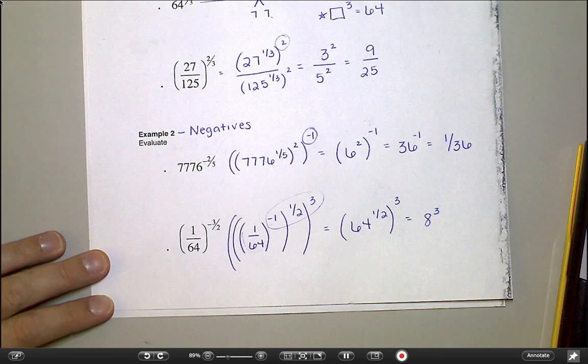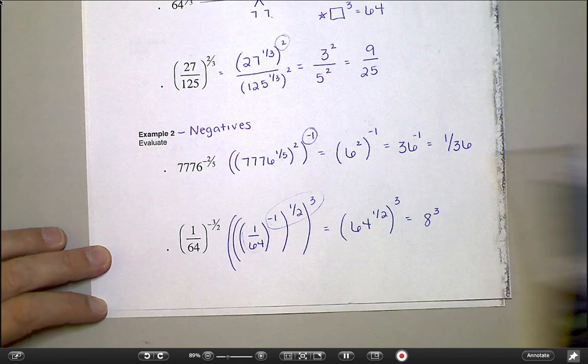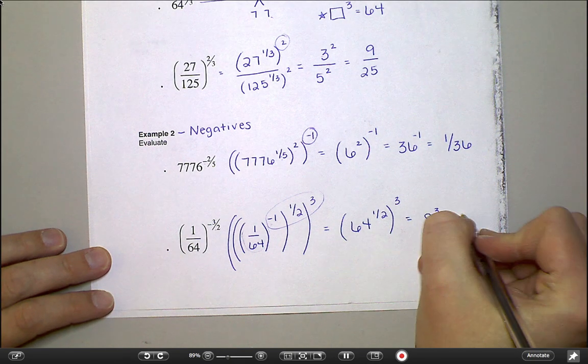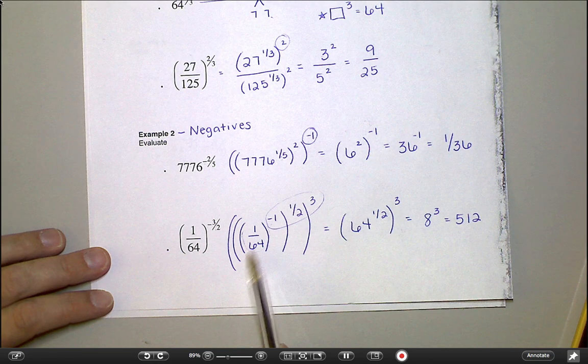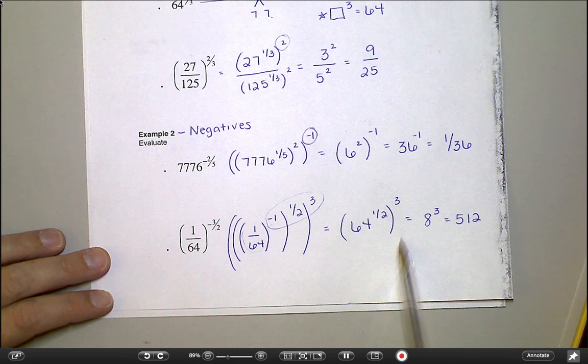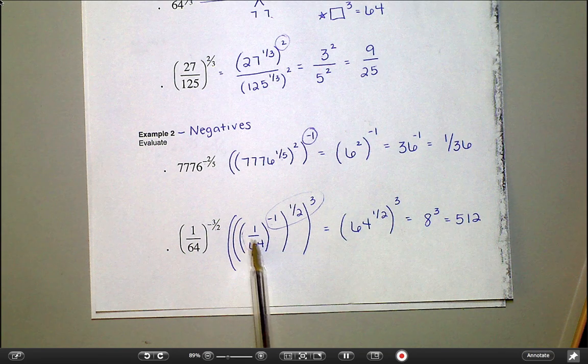And again, I've left myself with one that's kind of too big here, so 8 to the power of 3 comes out to be 512. And so if you had done these in the other order, you would have ended up with 1 over 512, and then the negative 1 would have flipped it anyway. So it doesn't matter, but I thought it would be easier to get rid of the fraction as early as I can.